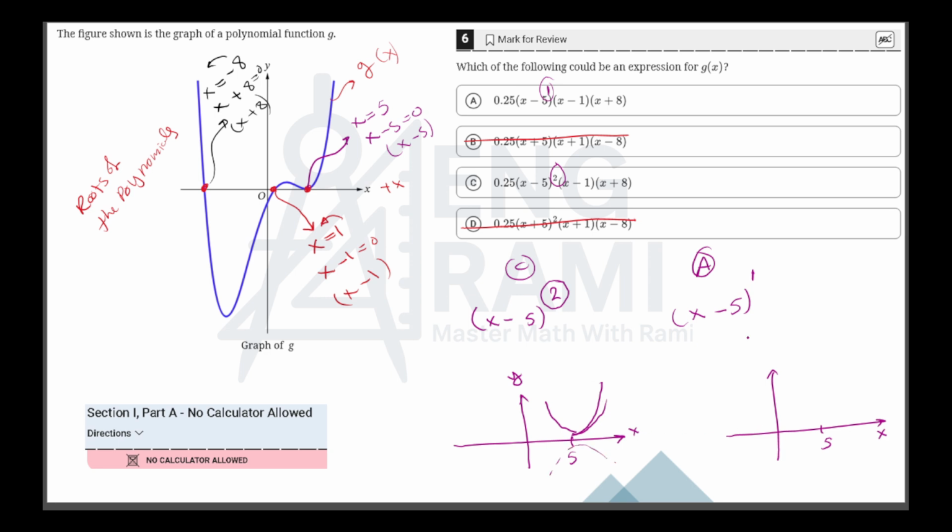In the other case, if the multiplicity is 1 or odd, then the polynomial will cut the x-axis at that root. And if we return back to our graph, it clearly appears that the polynomial touches the x-axis at that root, which is x equals 5, then our correct answer is C.